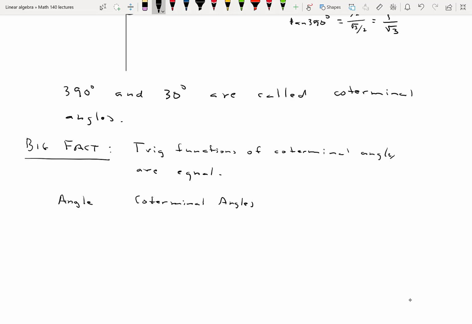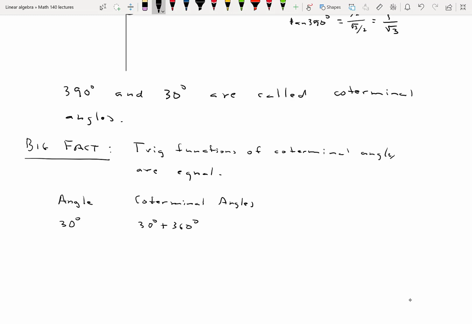If the angle is 30, then coterminal angles would be 30 plus 360. If you go all the way around, you end up in the same place. The technical term for that is you have the same terminal side.